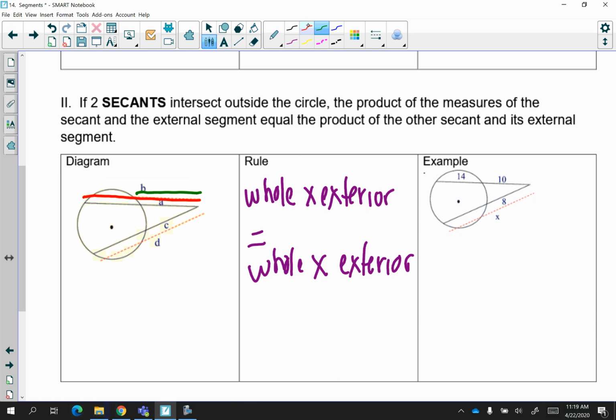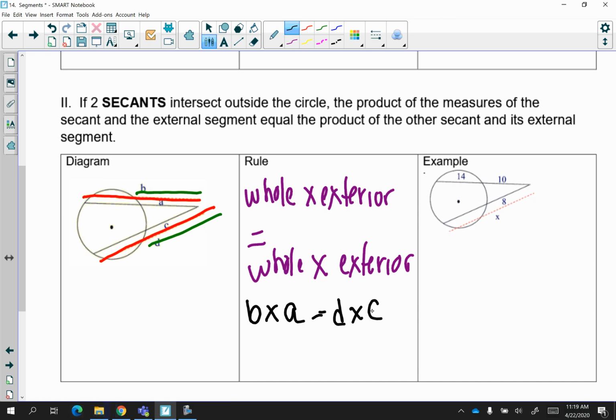If you look at secant D, here it is, and the external piece is just C. So when we say whole times exterior, our whole piece is B, the exterior is A, the whole piece is D, and the exterior is C. So B times A is equal to D times C.